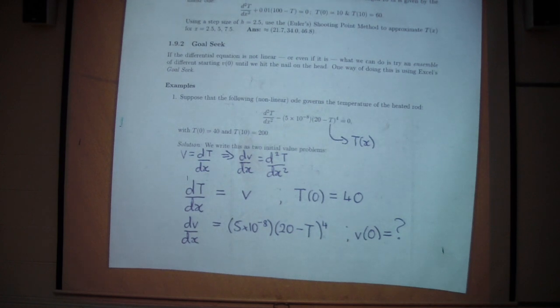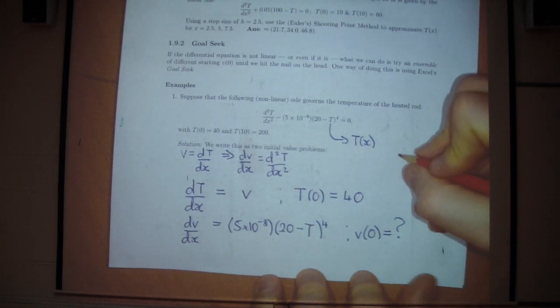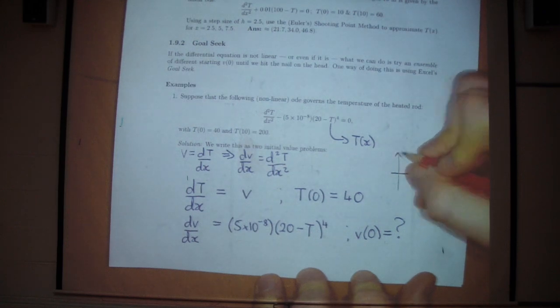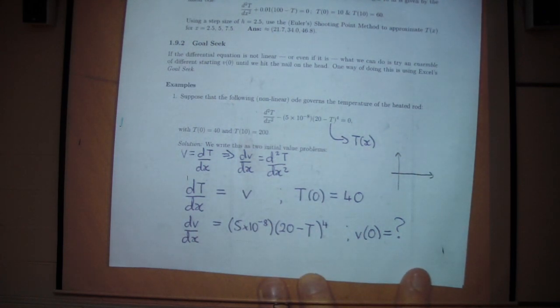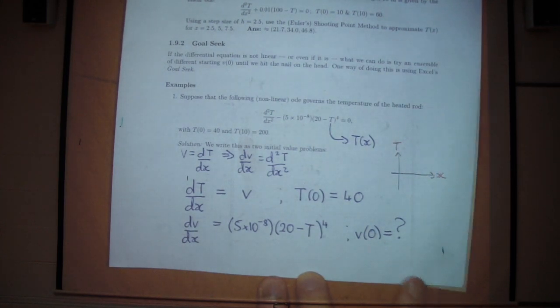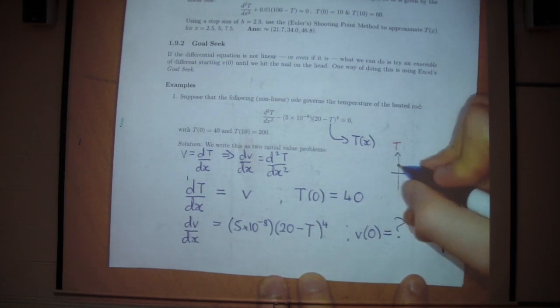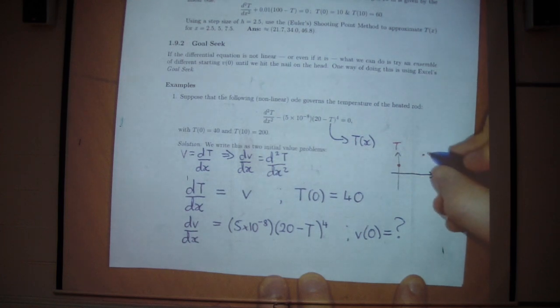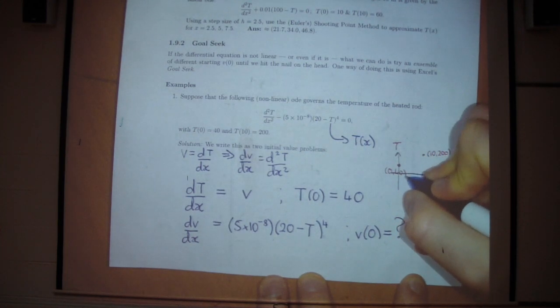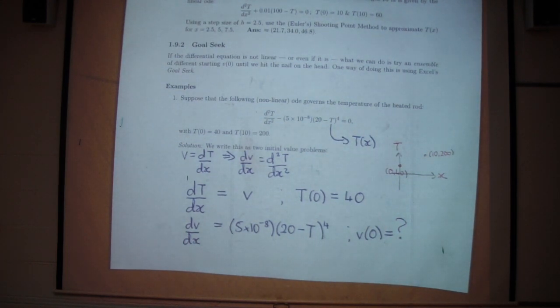We're probably going to shoot straight at it initially. So we'll do a little graph here. Here's x, here's temperature. Always label your axes. 0, 40, 10, 200. If we were to shoot straight at it, you do a bit of rise over run.